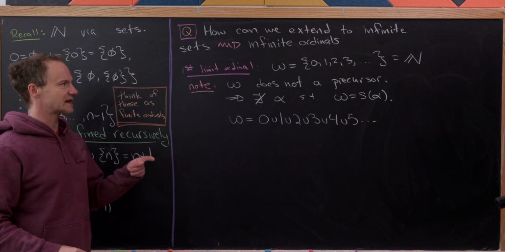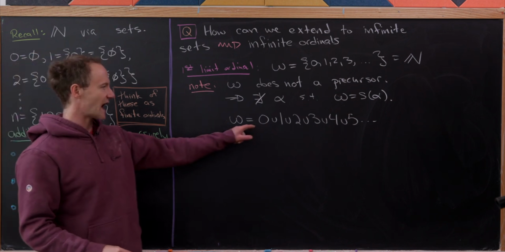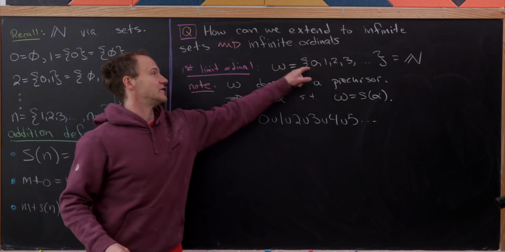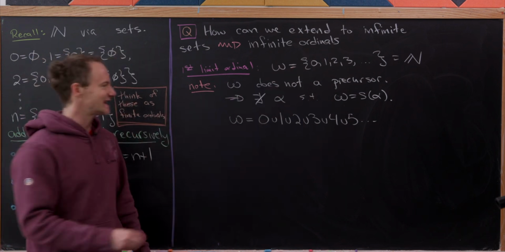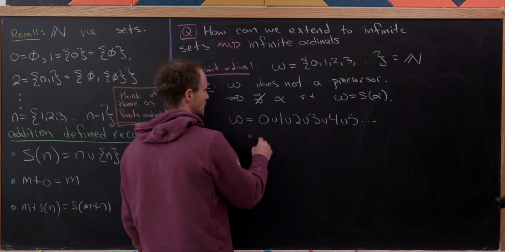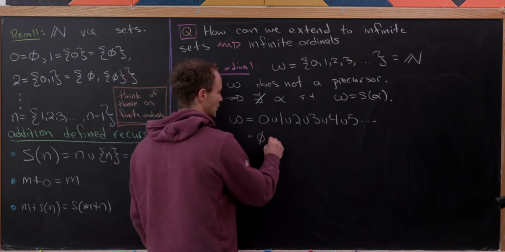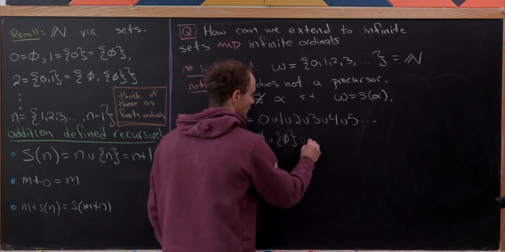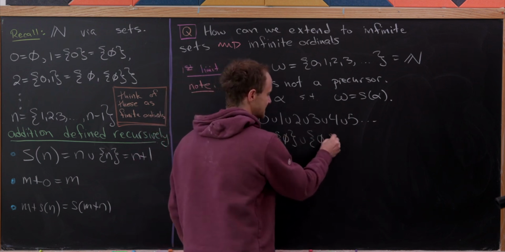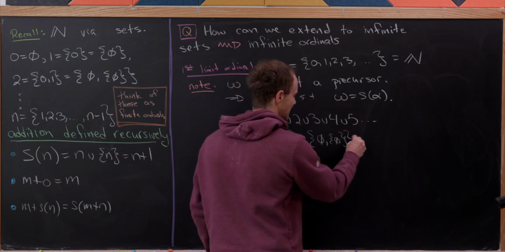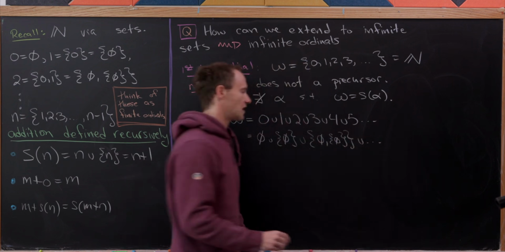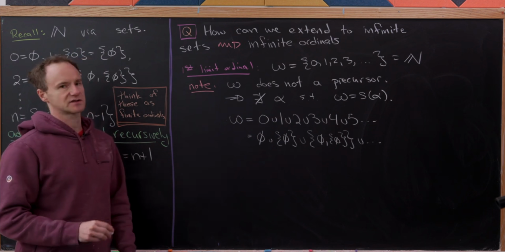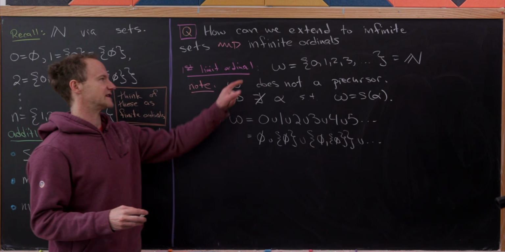Now, this may seem like a strange way to write it, but in fact, taking this union will exactly give you the set of all natural numbers, just thinking about what's going on here. So 0 is the empty set, and we're unioning that with the set containing the empty set, and then we're unioning that with the set containing the empty set and the empty set, and so on and so forth. But these are all nested inside of each other, so that's why we're going to get this set of all natural numbers.